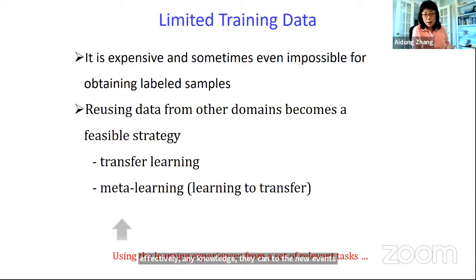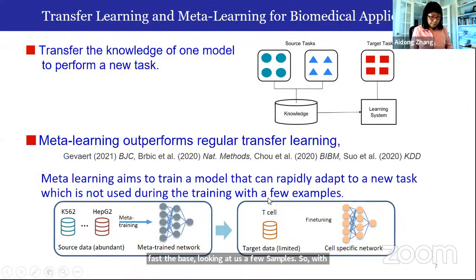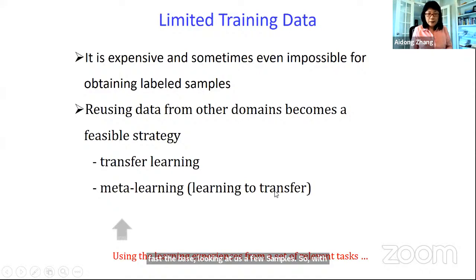For example, even a young kid can learn pretty fast by looking at a few samples. Transfer learning has been used very effectively in the biology domain. And the latest in the machine learning field is called meta learning, which uses knowledge learned from relevant tasks.